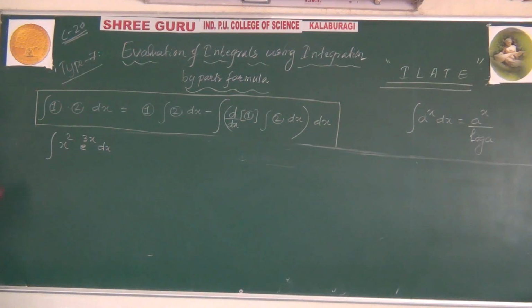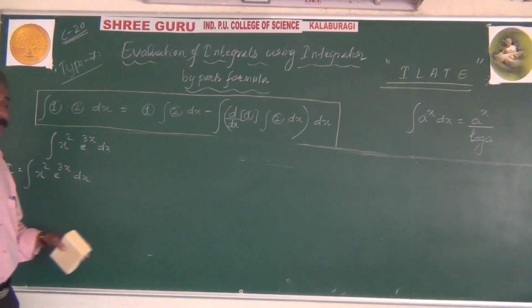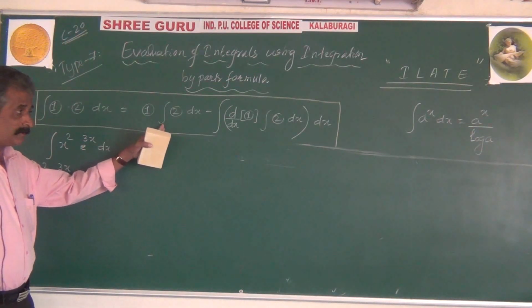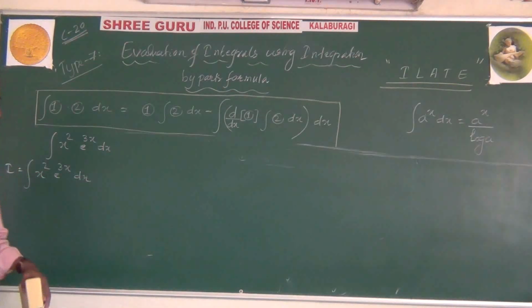Start with I. Let I equal to integration of x square into e raised to 3x dx. We have a product of two functions, so we need to apply the integration by parts formula, with first function x square and second function e raised to 3x.